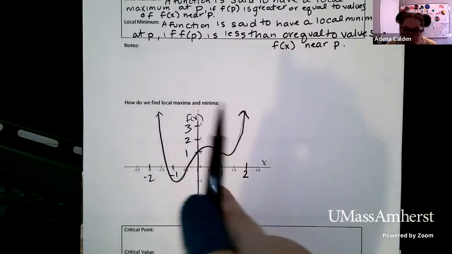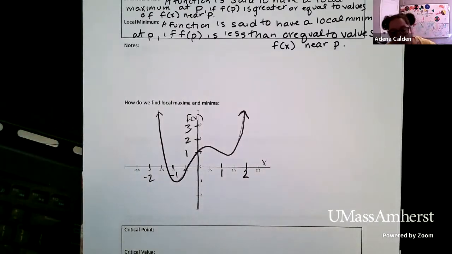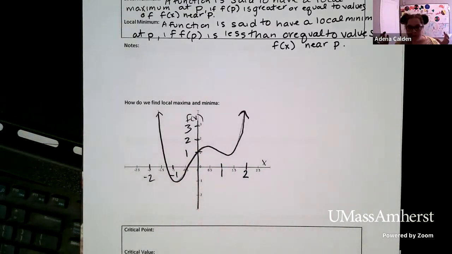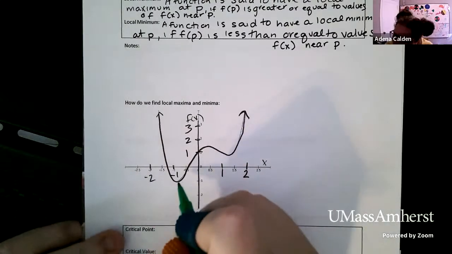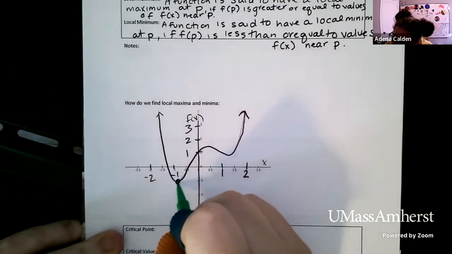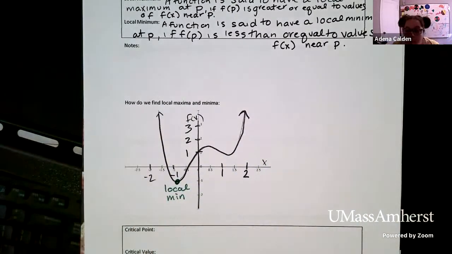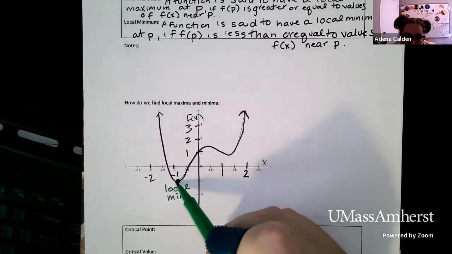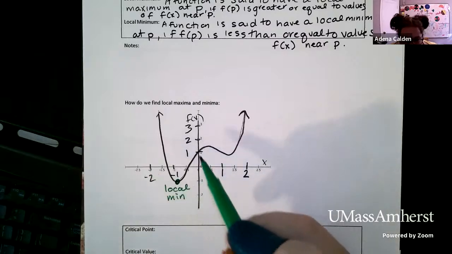So I want you to look at this picture so we can talk about what a local max and a min are. So when we talk about near, what we're doing is we're looking for areas where there's a very distinct lowest value or highest value. So for example, right here, this is a local minimum. Okay, it's a local minimum because it's the lowest y value in an area of f of x.